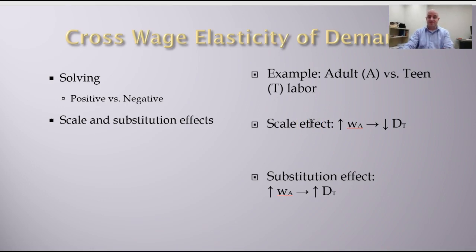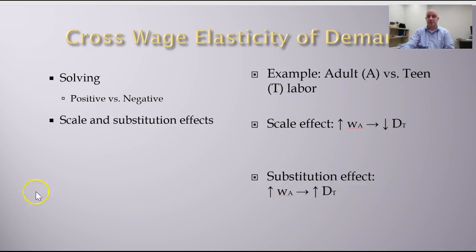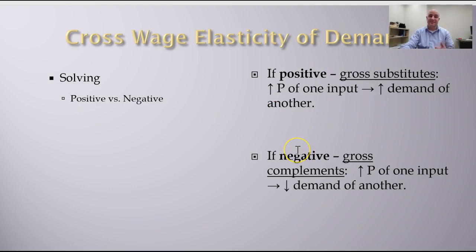The substitution effect is greater than the scale effect, so that's why they're gross substitutes. If it's negative, if the price of one input goes up and the demand of the other goes down, the scale effect decrease is greater than the substitution effect increase. And if that's the case, then they are gross complements.